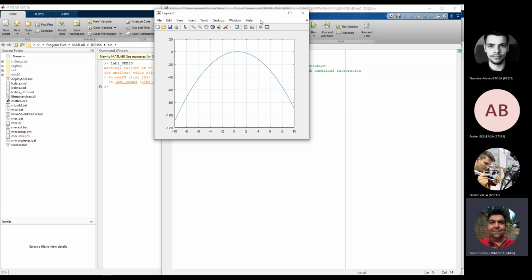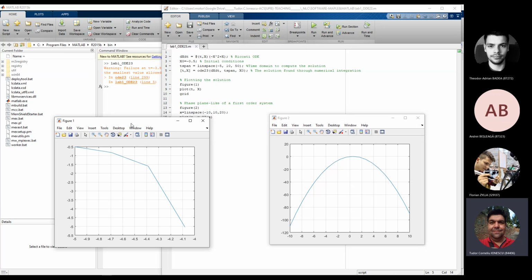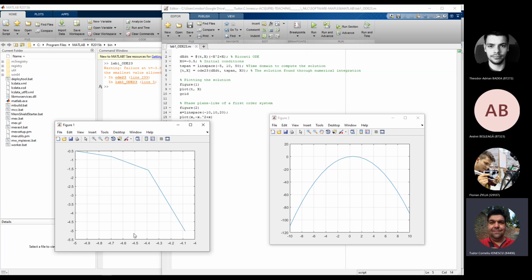You see? One graph. Okay, so this is the solution versus the time. As you can see, probably if we look closely, we can see that at this point there is an escape time. So there is an asymptote. That's why it probably looks like that.